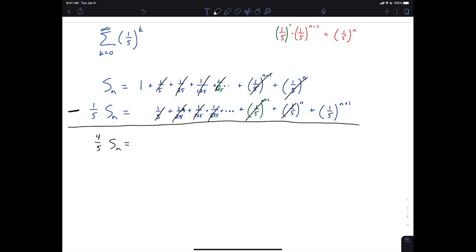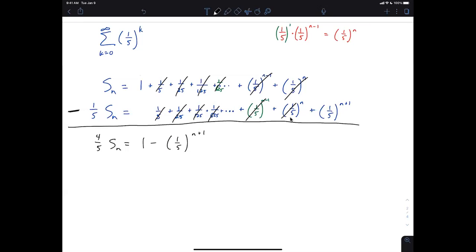So I get 1 minus 1/5 to the n plus 1. And like if n is a billion or bigger than that, all of this middle stuff falls out because you subtract them, they're all the same. The very first one's not, and the very last one's not, but everything else falls out. Does that make sense to everybody?